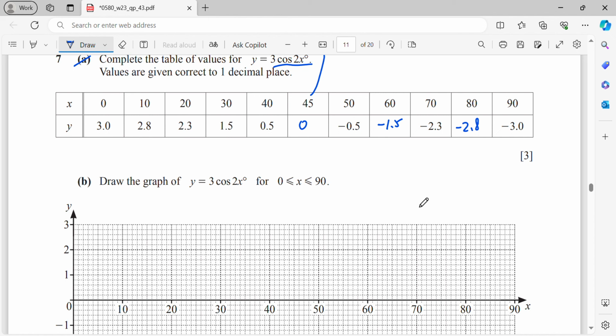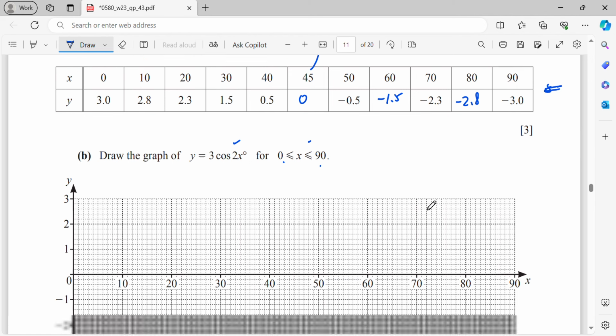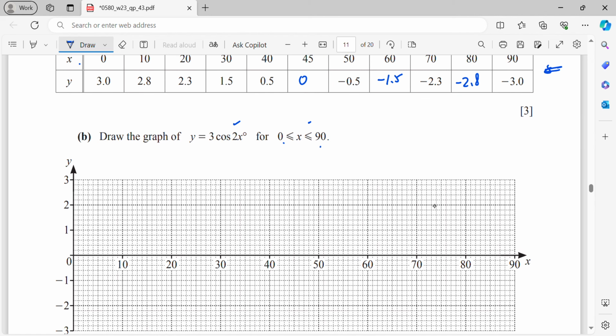So now B, draw the graph for 0 to 90 degrees. Alright, use this table and mark the points. So when x is 0, y is 3. X is 10, y is 2.8. So now when you look at the scales here, 5 squares for 1 unit. That means each square is 0.2 units.